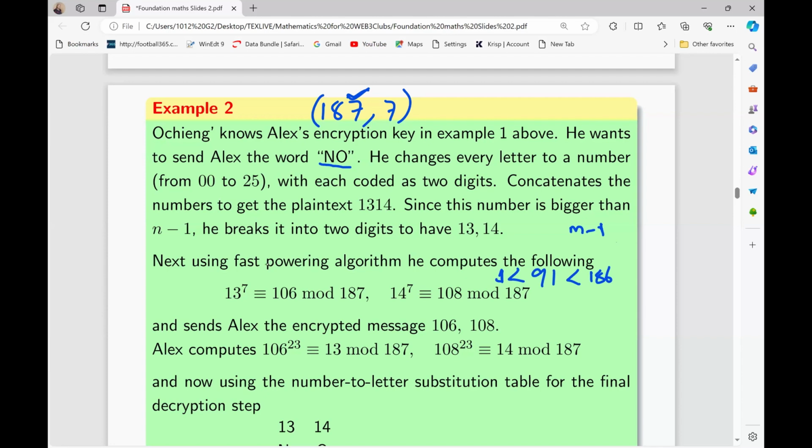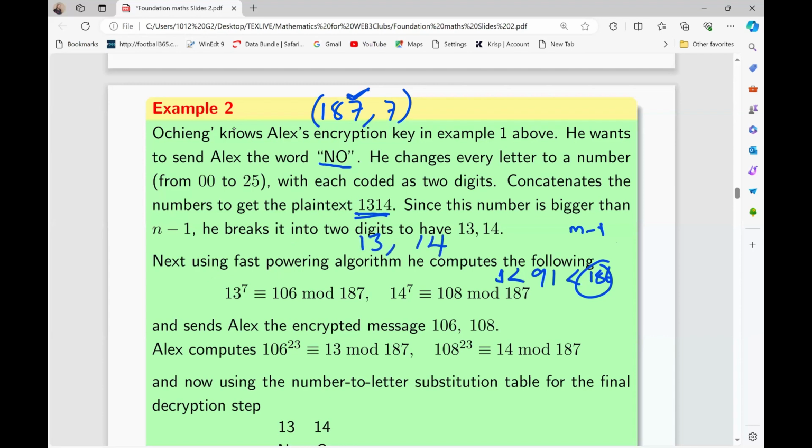Now, look at this. The number Ocheng wants to send is greater than M minus 1. So in that case, you break your number into blocks which are less than M minus 1. You can break it as 13 and then 14.